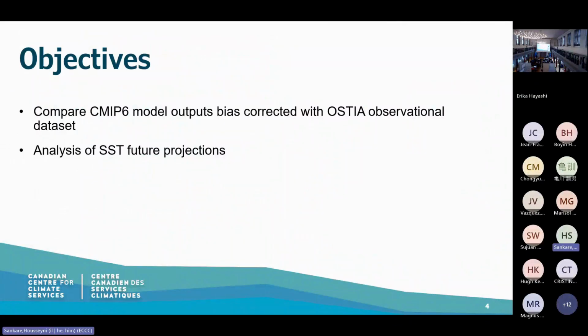The objective of this presentation is to show a comparison of CMIP6 model output bias corrected with the OSIA observational data set, and then to make some analysis of SST future projections.